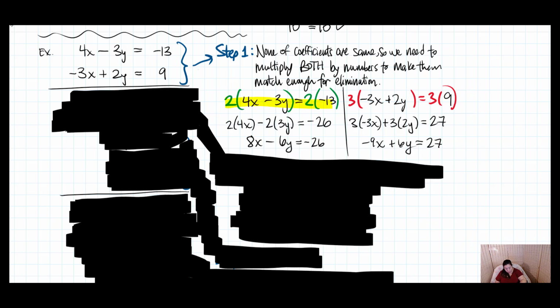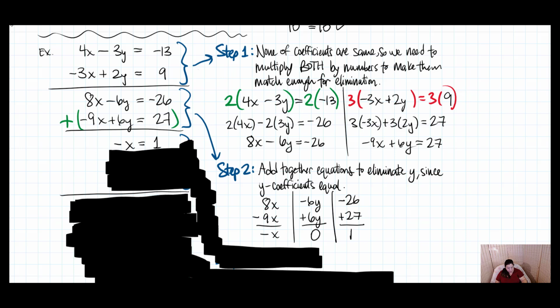So multiply this one by 2, multiply this one by 3, and you'll end up with a negative 6 for the coefficient of y here, and then a positive 6 for the coefficient of y here, which means that you can actually add those two new equations together.